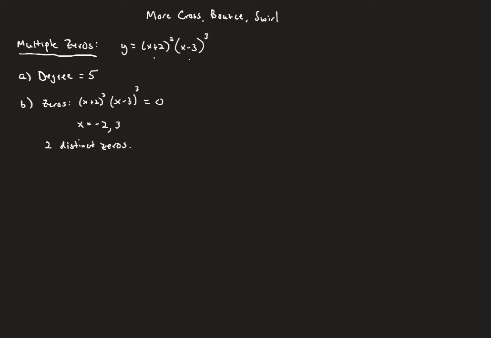But we want to introduce a new idea, what's called multiplicity. This is the idea of a number that makes this polynomial equal to 0 more than once. At the culmination of this chapter, we're going to talk about what's known as the fundamental theorem of algebra.